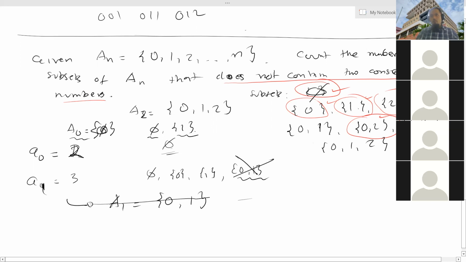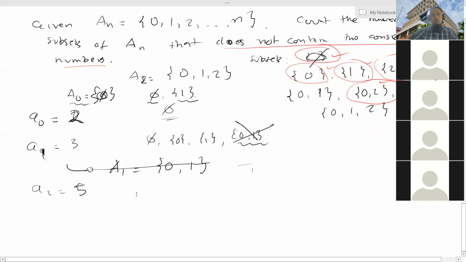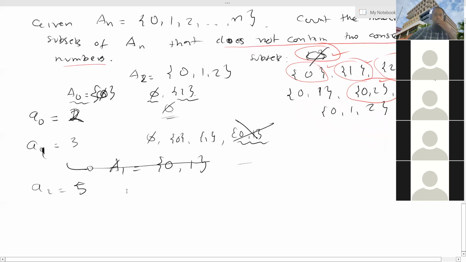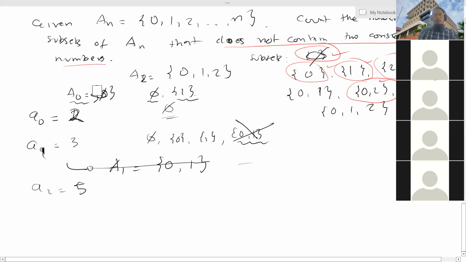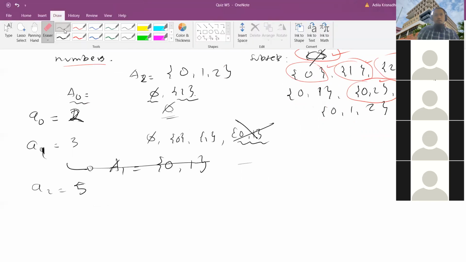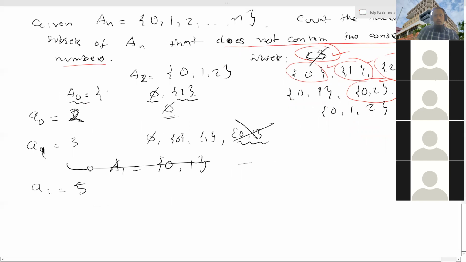A2 is 5, we already saw that. Any question so far? Okay, let me tidy this up a little bit. A0 is actually this set containing the integer 0.